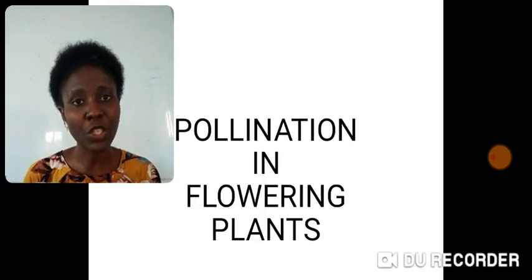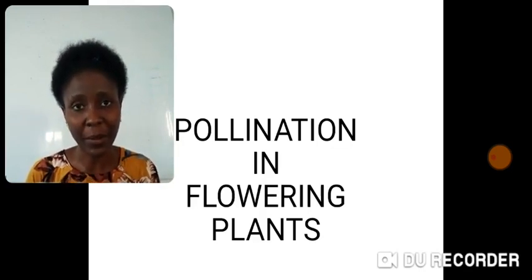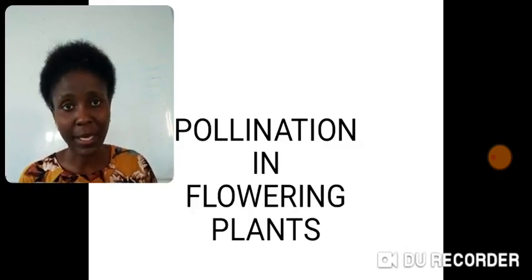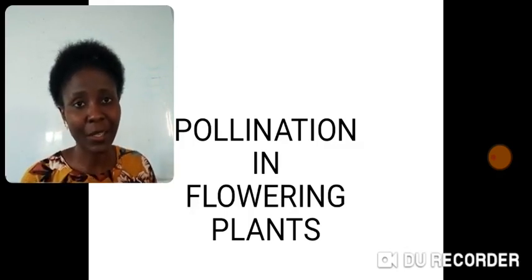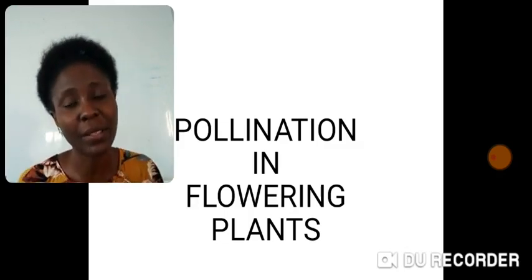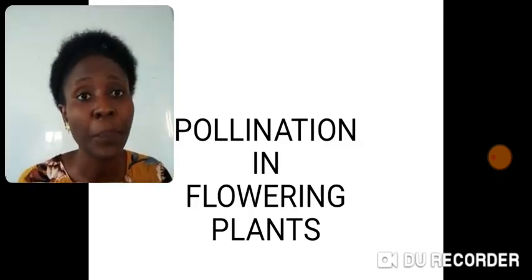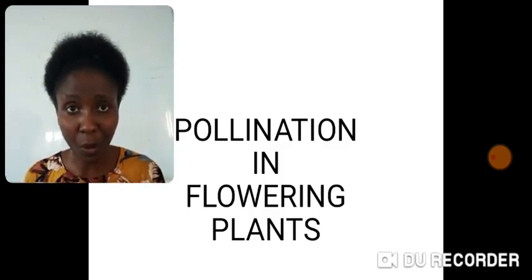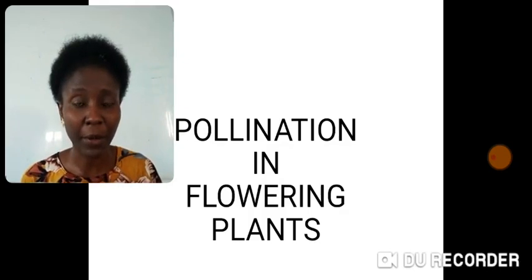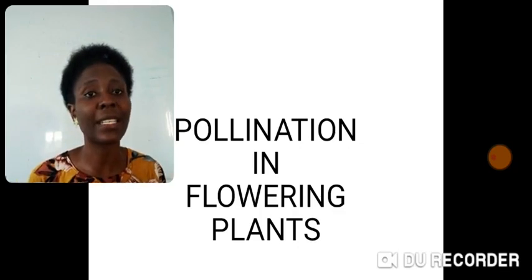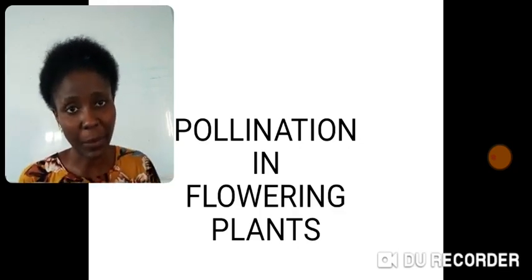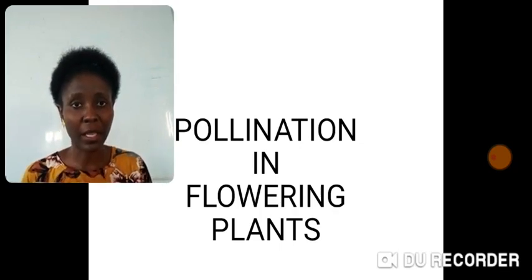It's well positioned above the rest of the flower, and this will make it easy for the wind to carry the pollen grains and blow them to the stigma of the same flower of the same plant, or even a different flower of a different plant but of the same plant species. So even wind pollination can aid with self-pollination and cross-pollination, as the case may be.